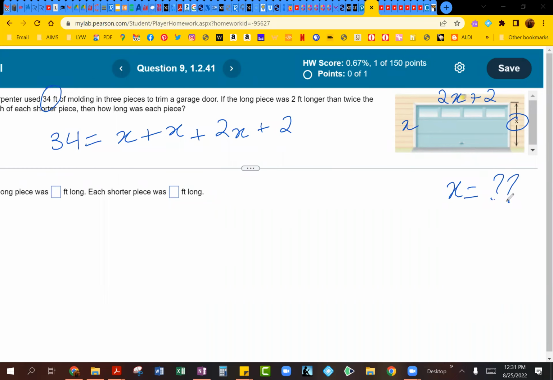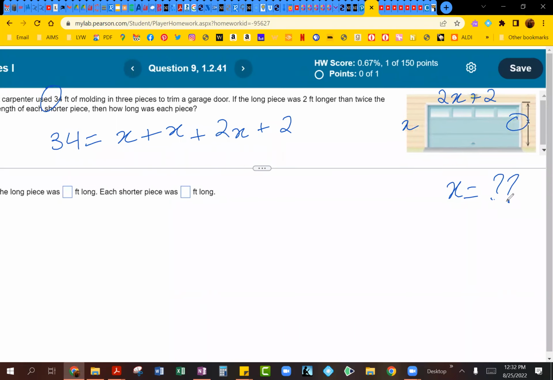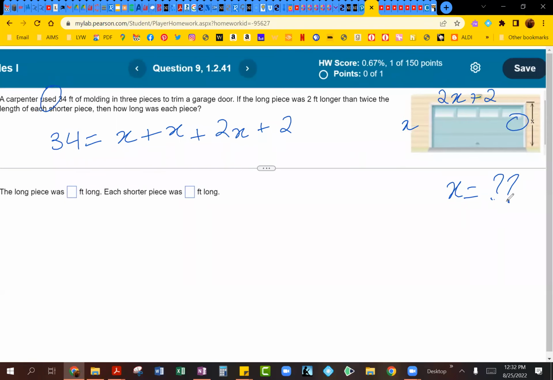And as you can see, they actually want you to find the length for both the shorter side of the garage trim and the longer side. So once you get your answer for x, you still have to come up with what the longer piece and the shorter piece for the trim will be. So the x is not your final answer.